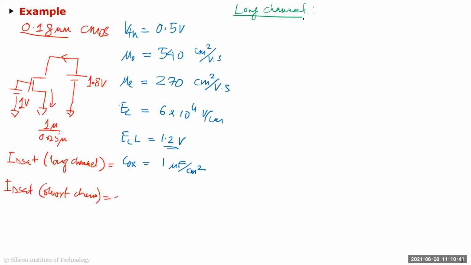First, for both saturation and linear region, your VGS should be greater than VT, right? Without the channel formed, it doesn't matter what VDS is. So VGS should be greater than VT, and then VDS should be greater than VGS minus VT, because that is when it is pinching off.